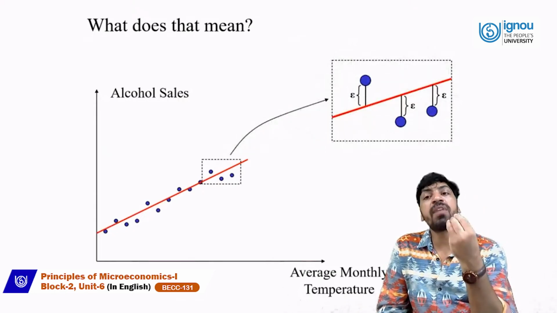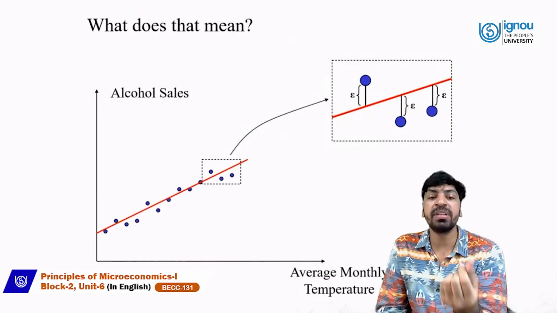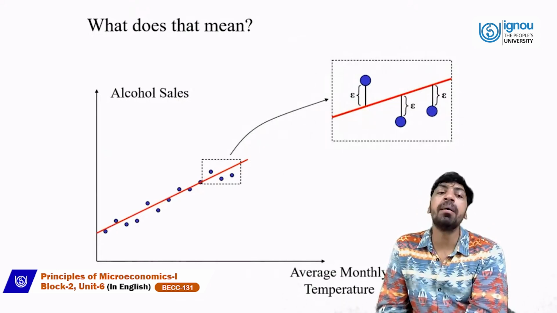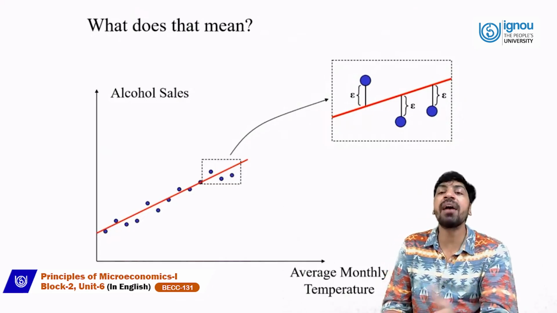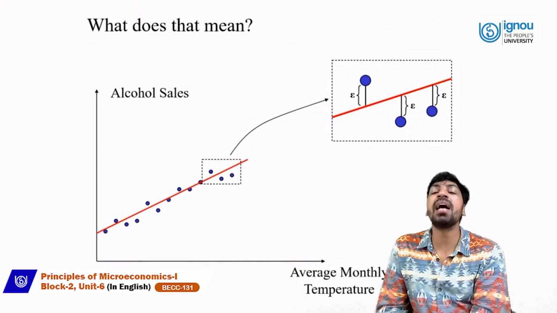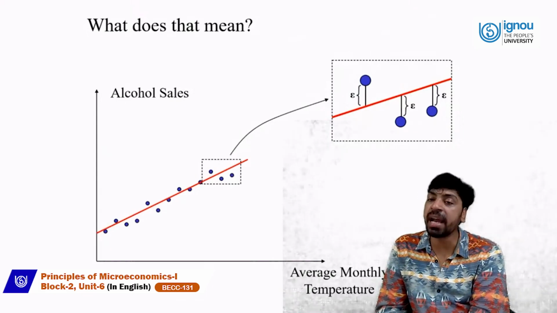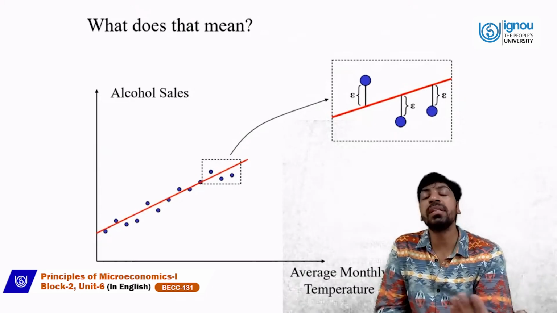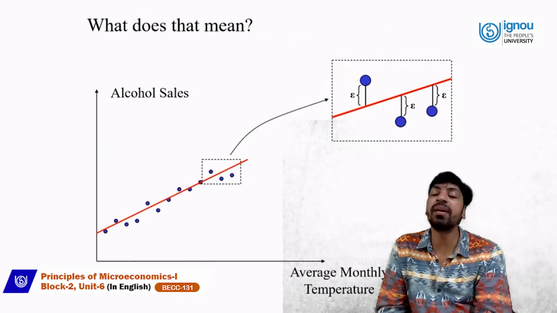Just to find out the difference of the errors between the dots and the main trend line. These are used to find the difference between the dots and the trend line shown in red, and that is the main reason for the least square method.